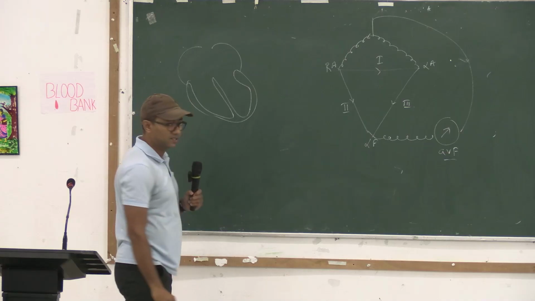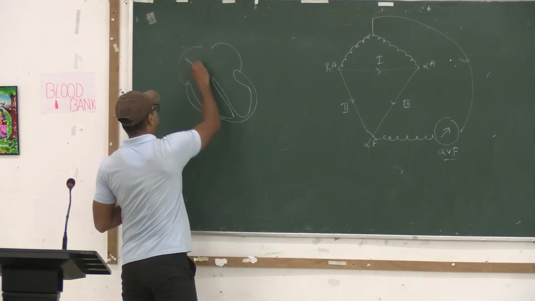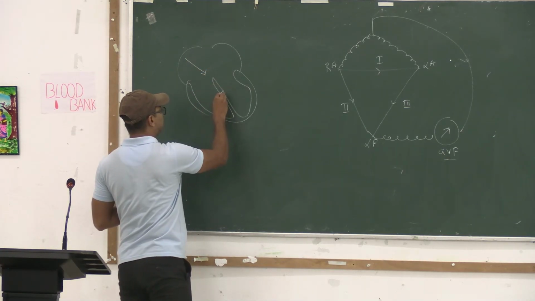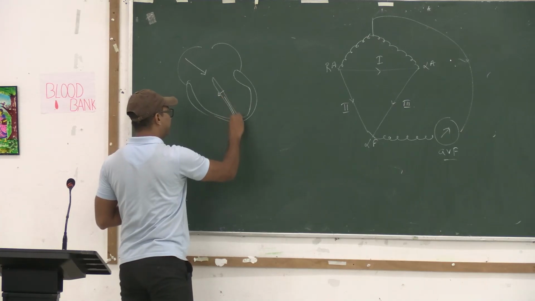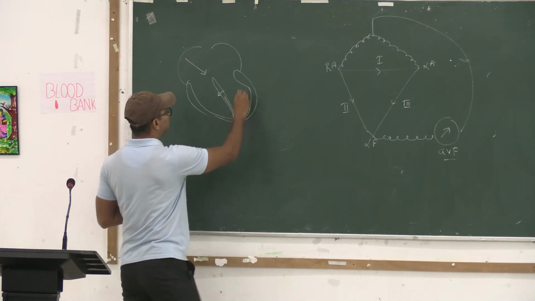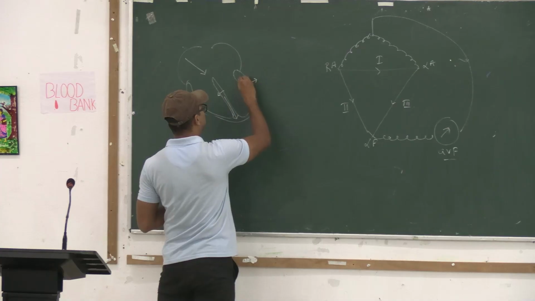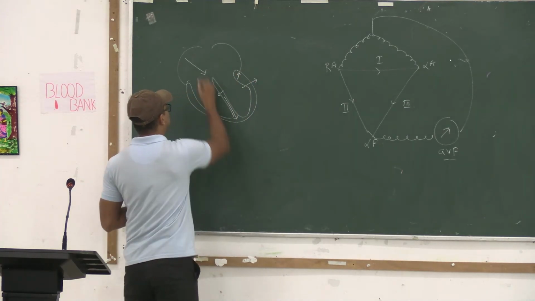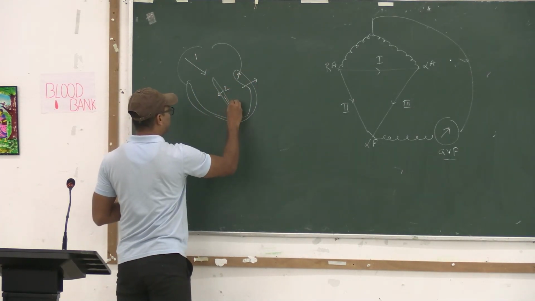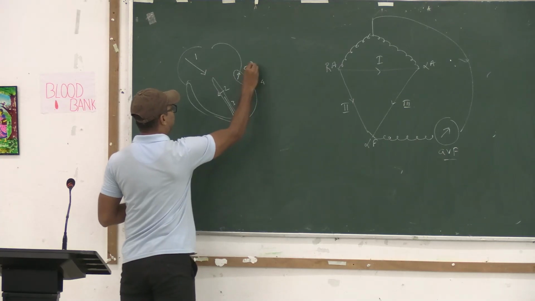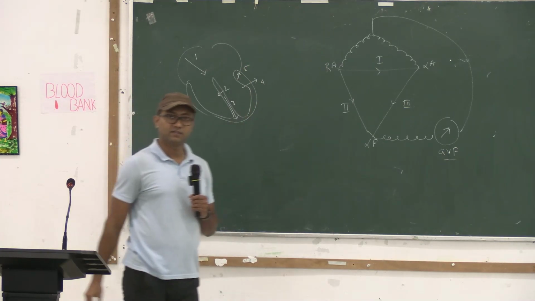Here is your heart. The first vector is this, second vector is this, third vector is this, fourth vector is this, and fifth vector is this, right? 1, 2, 3, 4 and 5.